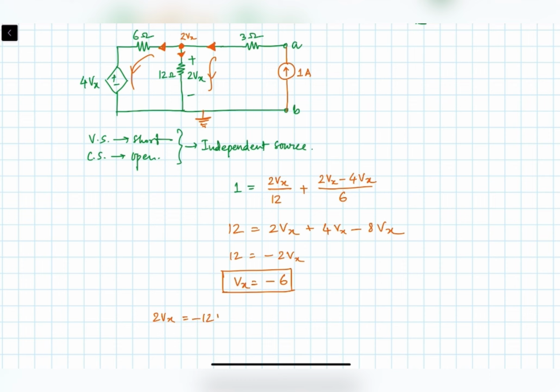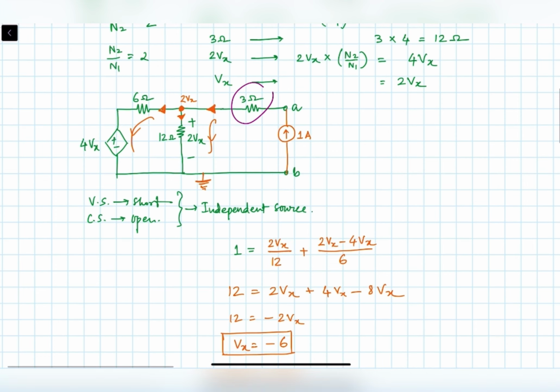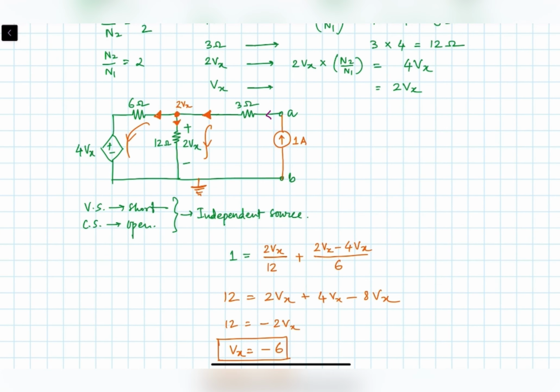minus 12 volt. Okay, and the current is flowing through the 3 ohm resistor, so there will be a voltage drop of 3 volt. Since the current is flowing like this, this side will be plus and this side will be minus, and there will be a voltage drop of 3 volt.